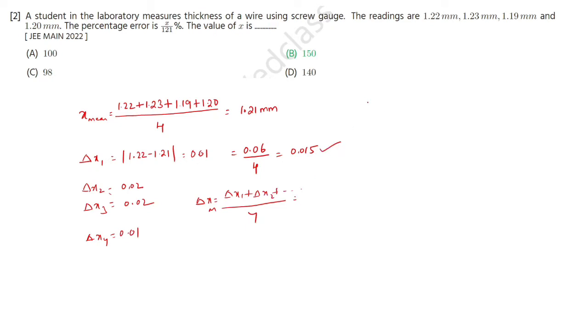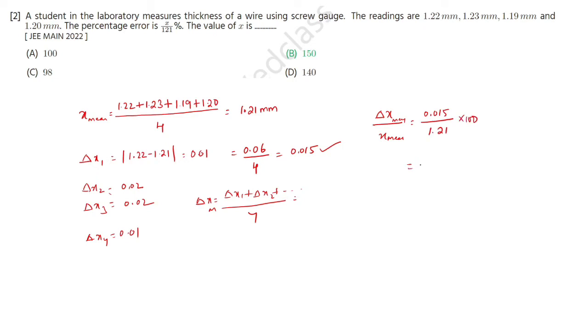Now relative error, how to find out that relative error, children? So that is delta x mean divided by x mean. So what you will get, 0.015 divided by, and x mean is 1.21 into 100.